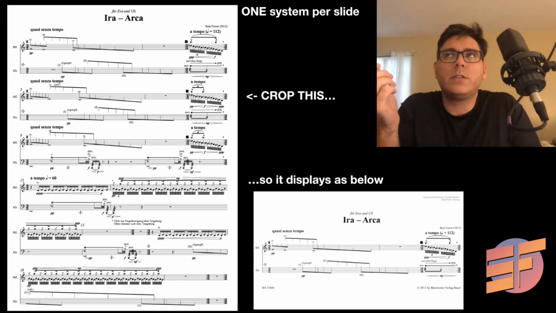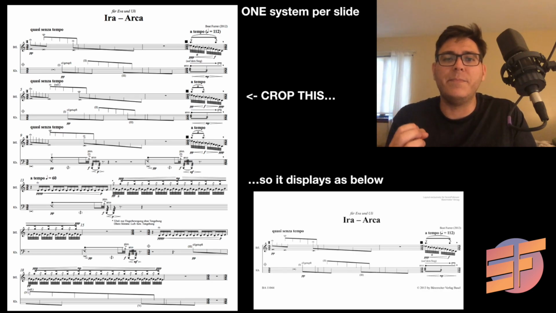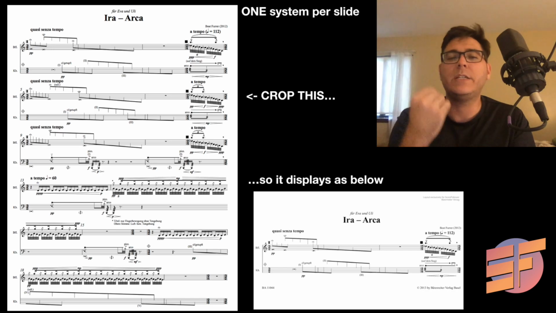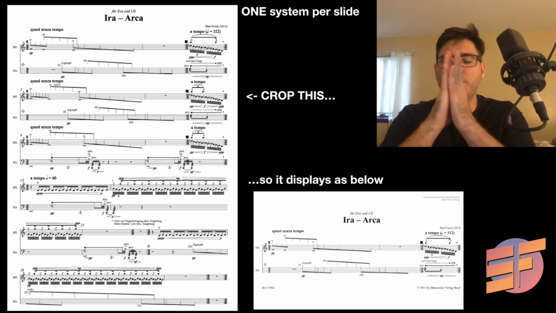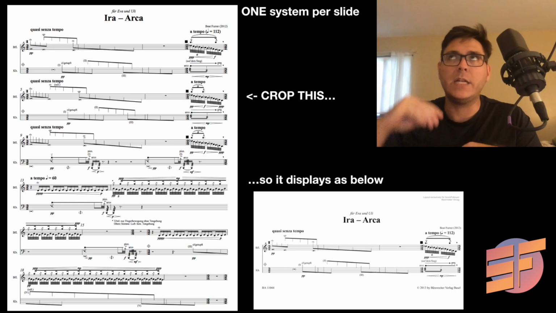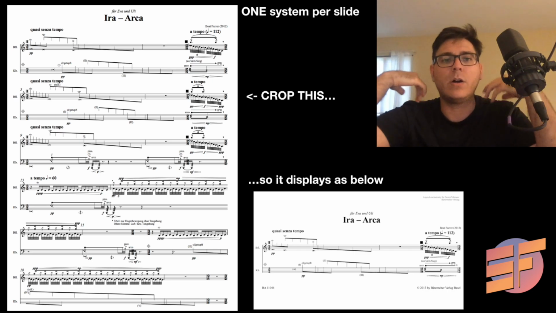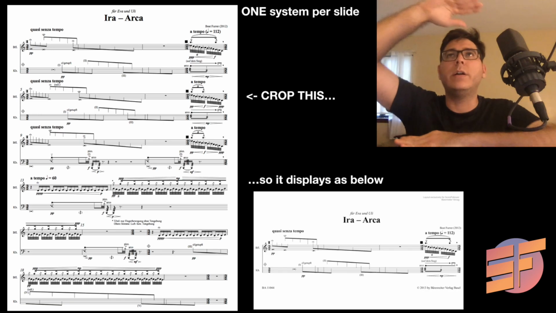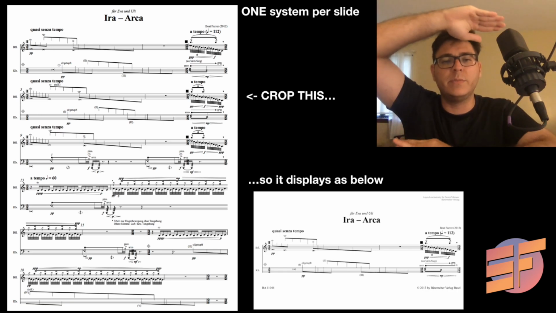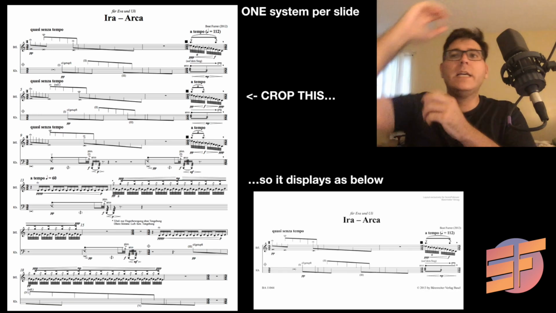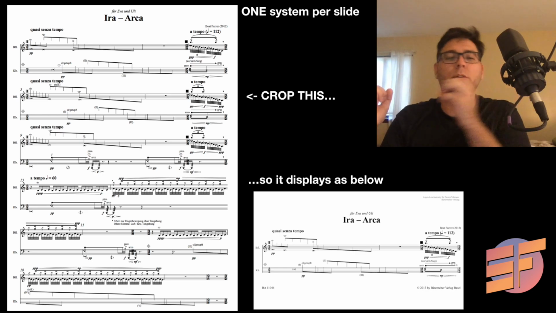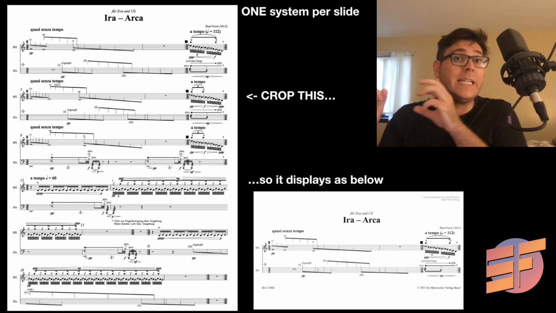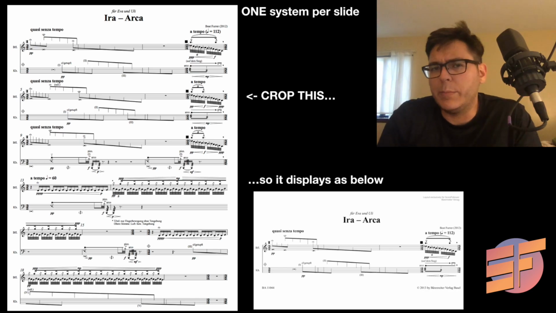They can start piecing together the meanings of the symbols if there is a clear one-to-one relationship between the current moment of the music and the symbols that are displaying at that moment. Rather than, if we were to stack a bunch of systems into one slide, there's a lot of time that goes by during that one slide, and the viewers can get lost during that slide, if that makes sense.